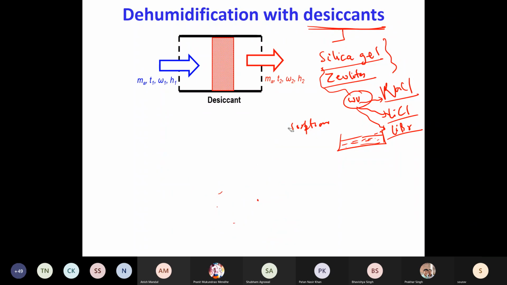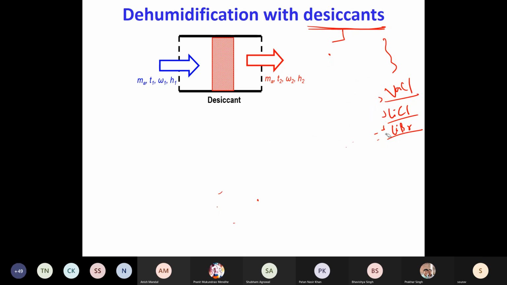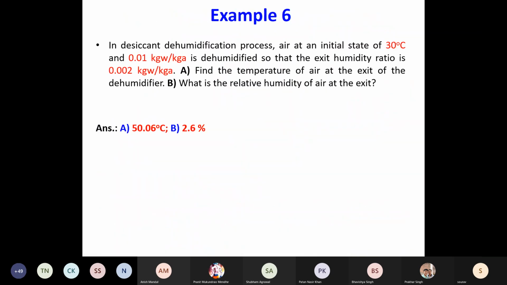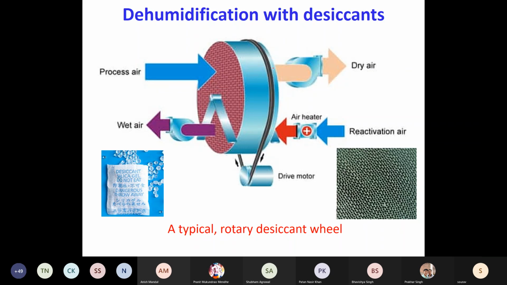So these materials are called desiccant materials. Any material which has affinity to water vapor is called a desiccant material. So what we do is we create a desiccant wheel. This wheel has a porous mesh, and within this mesh we place the silica gel particles.